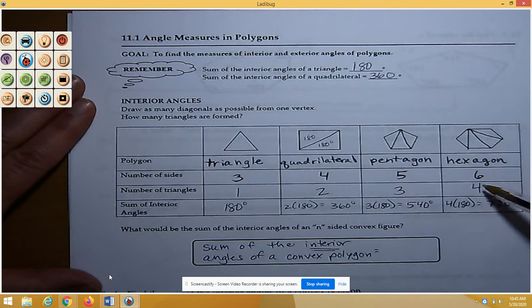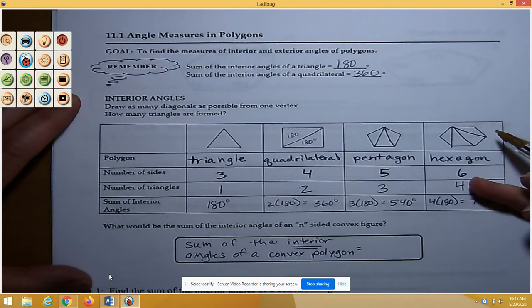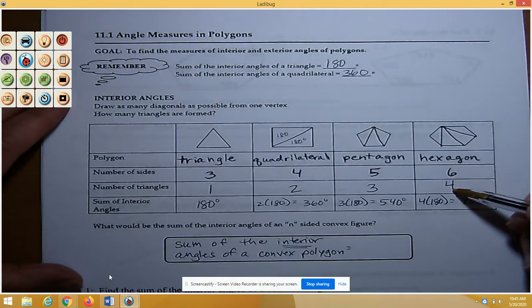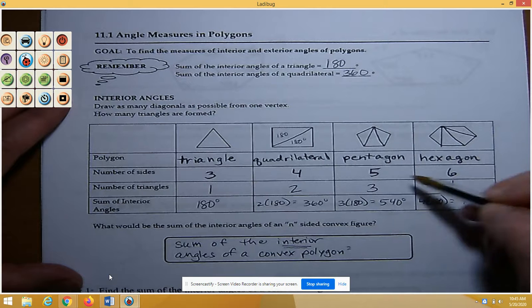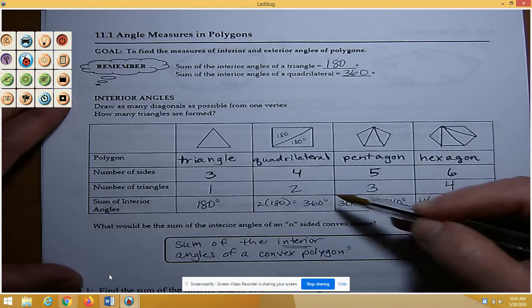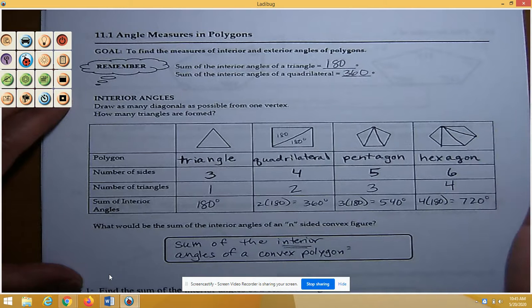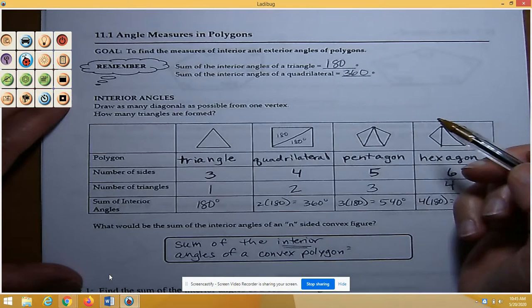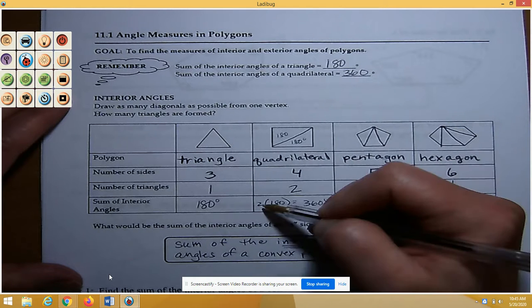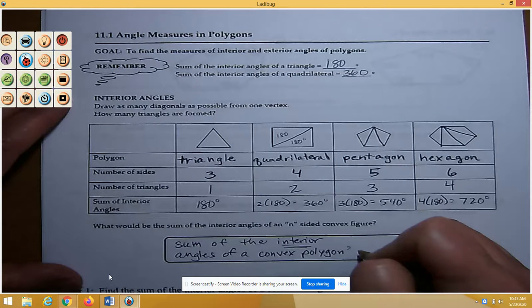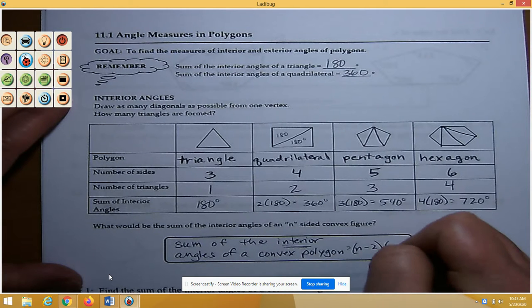I always feel like it's easiest to do with the largest number. So if n equals 6, we subtract 2 from that to get the 4. 5 minus 2 is 3. 4 minus 2 is 2. 3 minus 2 is 1. So you can kind of see that pattern. So it's going to be n minus 2 times 180.